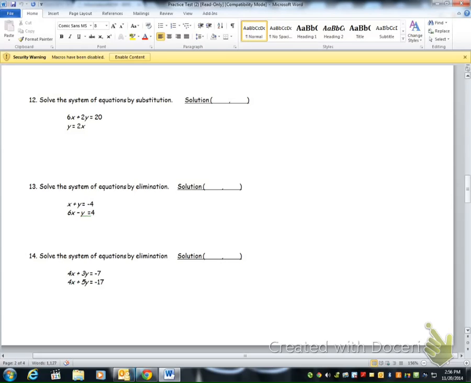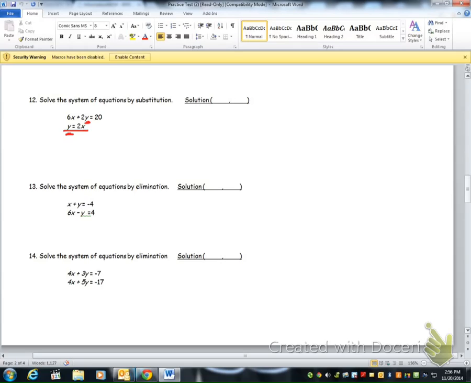Because if you look, this has that equation, which already says y equals something, right? So the first step's already done for us, which means we skip straight to the second step, which is you replace that value, in this case it was y. So we're going to replace y in the other equation.